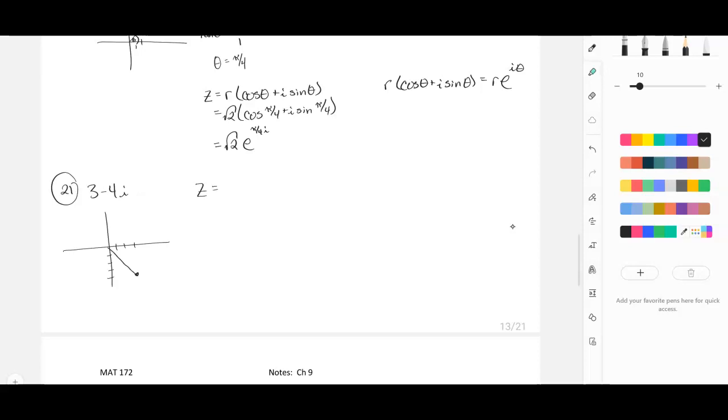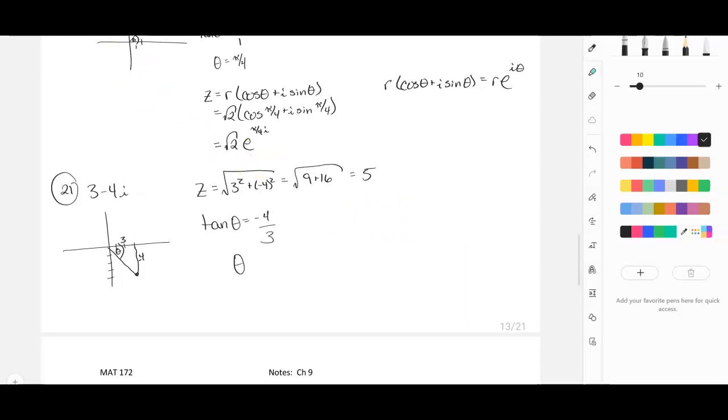The modulus of z is equal to the square root of 3 squared plus negative 4 squared, so the square root of 9 plus 16, which is 25. So our modulus is going to be 5. We've got to figure out what theta is going to be, so we're going to use tangent. Tangent of theta is equal to negative 4 over 3.